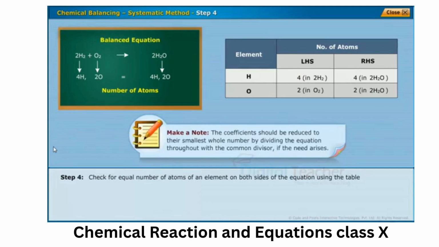Make a note. The coefficients should be reduced to their smallest whole number by dividing the equation throughout with the common divisor, if the need arises. Now let us apply these steps to balance an unbalanced chemical equation.